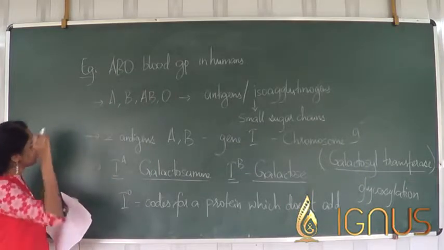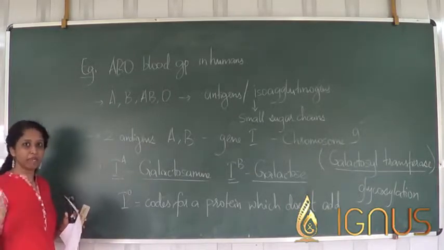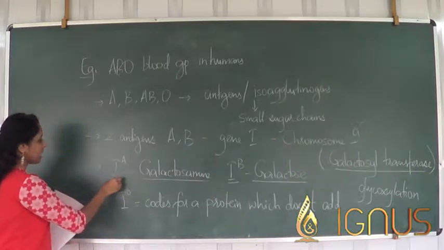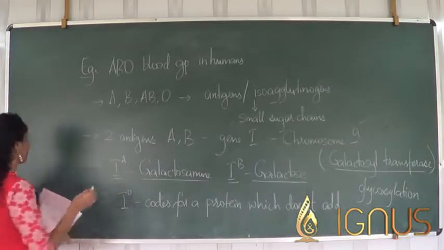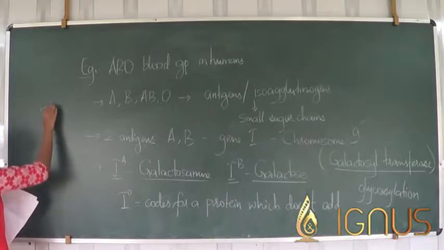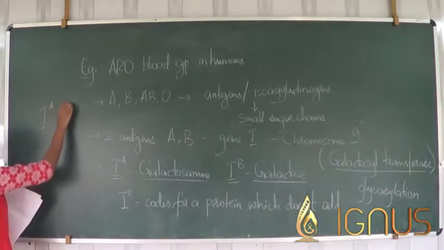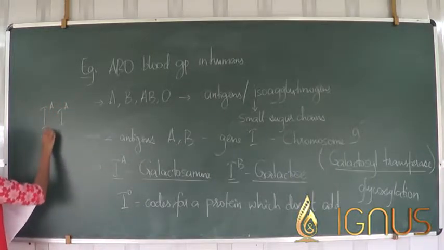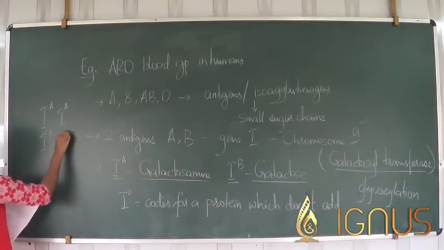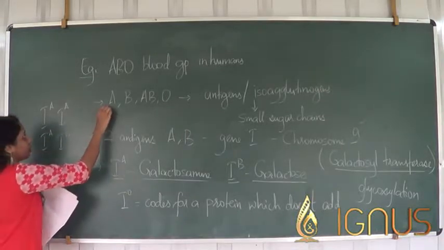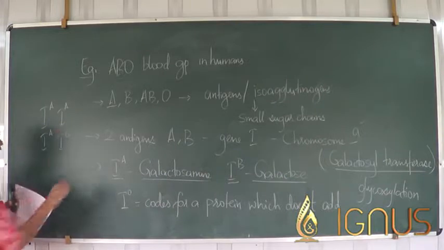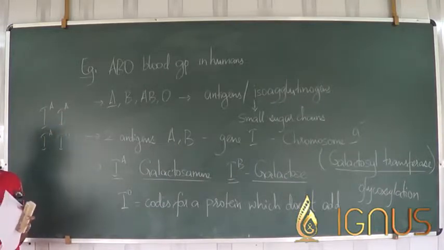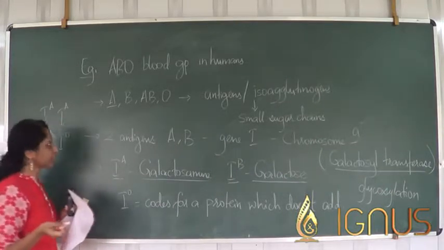Now, in this example you can see multiple things. If you have the gene structure of IA, IA or IA, IO, then you have blood group A. This is classical dominance which you would see in Mendelian genetics.